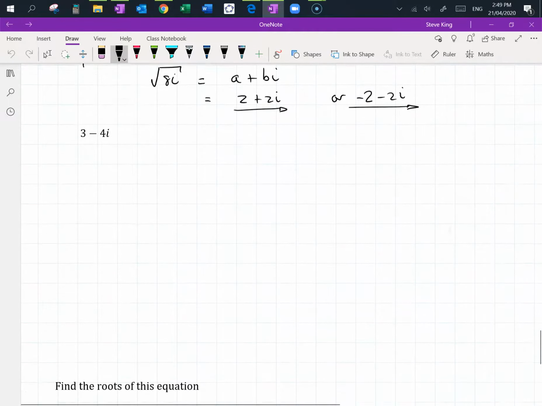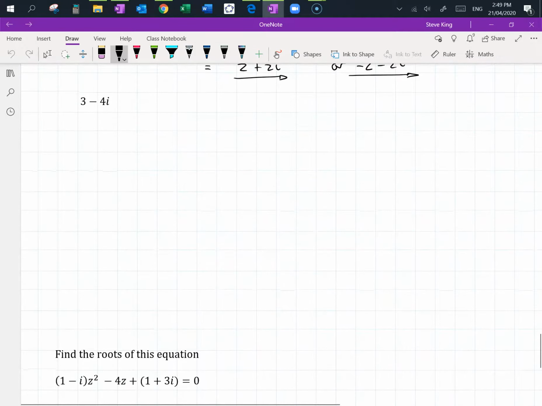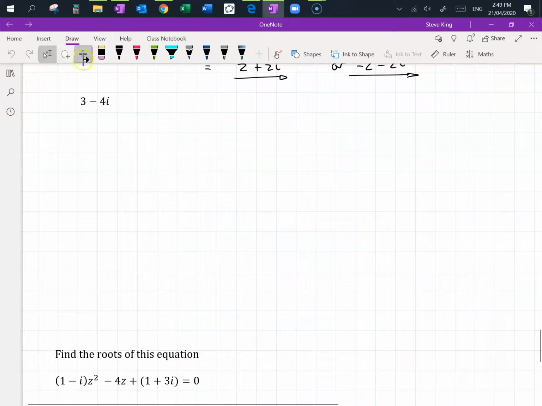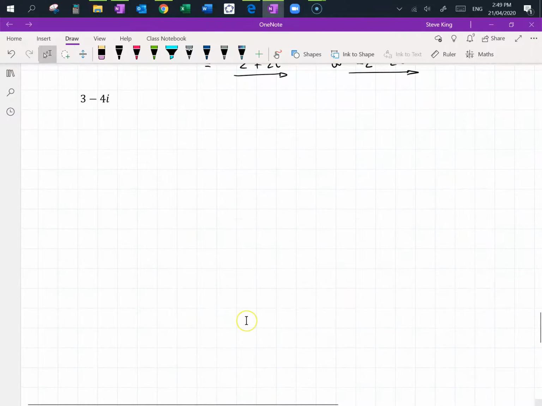When I come to deal with the next example, we're going to approach it in a very similar sort of way. Again, clearly I'm going to need a lot more space than I've given myself before. So I want to find the square root of 3 minus 4i. Again, I'm going to start off and say this is going to be some complex number. Let's call it c plus di.